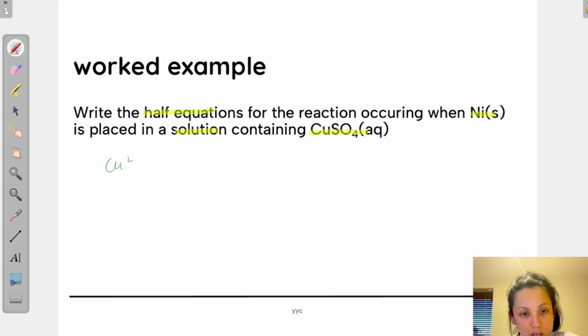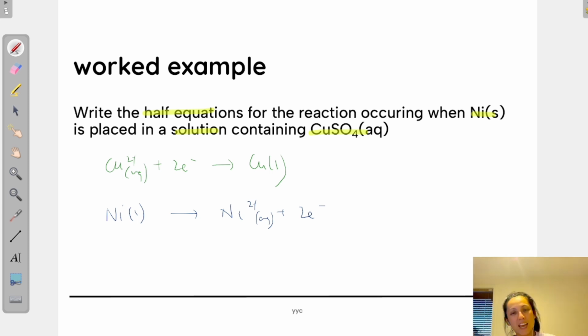So we know that copper is going to undergo reduction to form copper solid. We know that nickel is going to undergo oxidation into nickel 2 plus and 2 electrons. Make sure I put my states in there as well. So that's why it's really handy to know how to use an electrochemical series, because not only can you pick the spontaneous reactions, you can also use it to figure out, if it's spontaneous, that the oxidant is going to undergo reduction and the reductant, or reducing agent, is going to undergo oxidation.